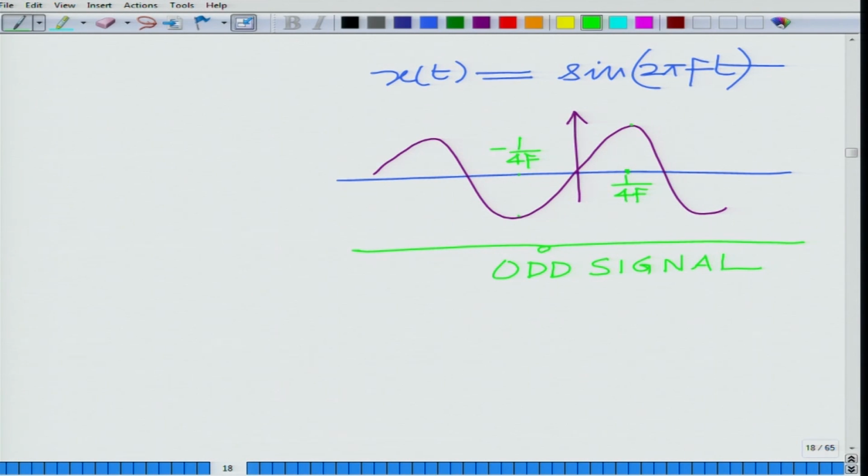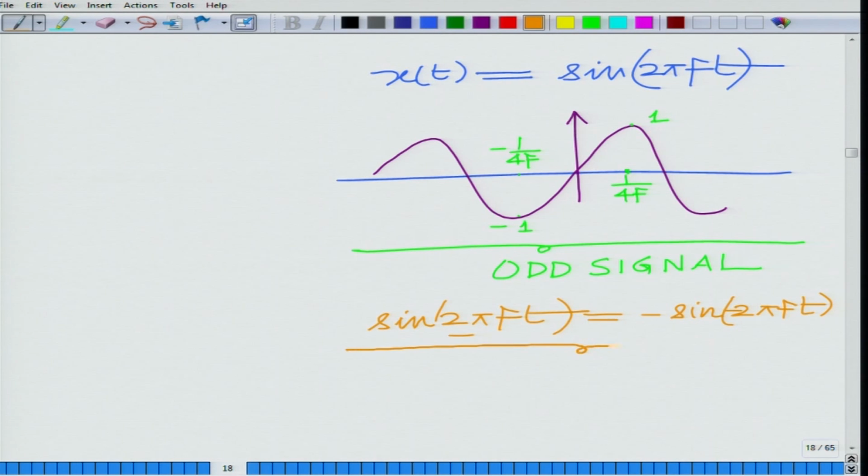You can see this is basically 1, and at minus 1 by 4 f it is minus 1. So, this satisfies sine of 2 pi f t equals minus of sine of minus 2 pi f t. This is a classic example of an odd signal.